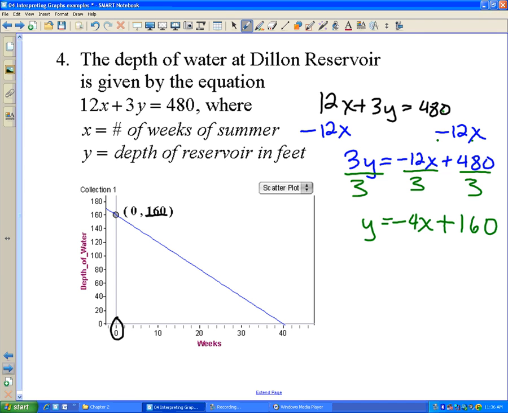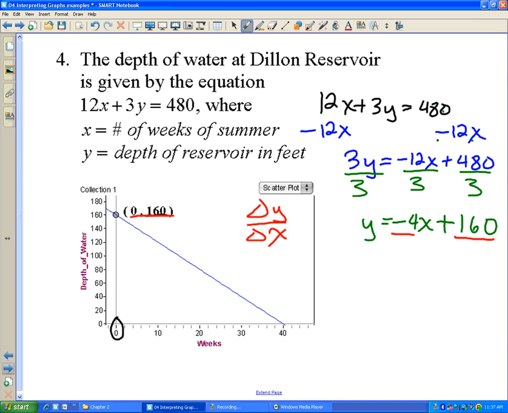Look at what this tells me. This says my starting amount, my b, is 160. I was given that. This also says that -4 is my rate, my slope. Well, what is that? Remember, my slope is change in y over change in x.